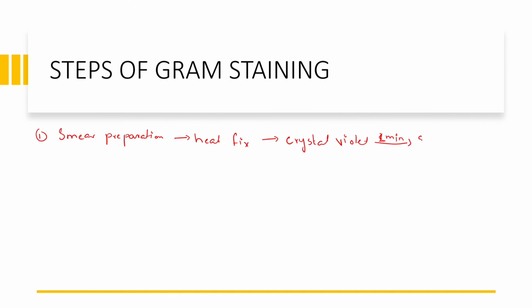Next, apply crystal violet stain, which is the primary stain for gram staining procedure, for about 1 minute. Then drain off the excess stain. Then apply gram iodine for about 1 minute.